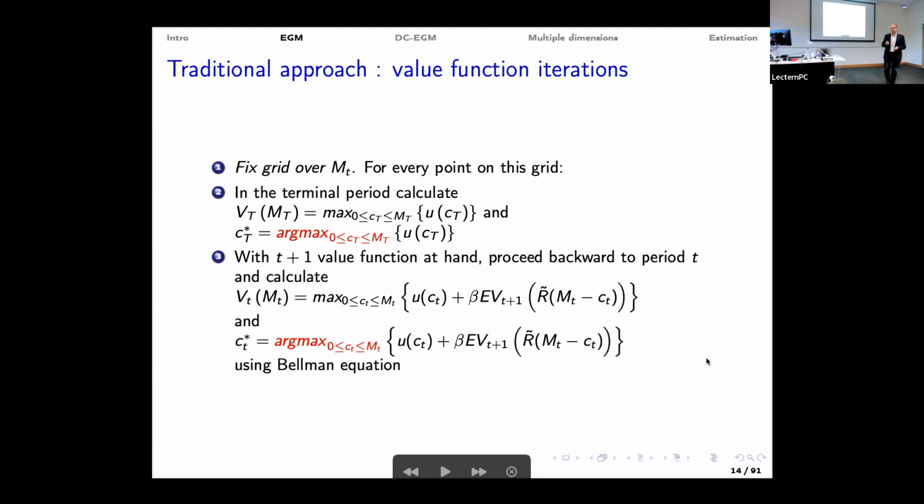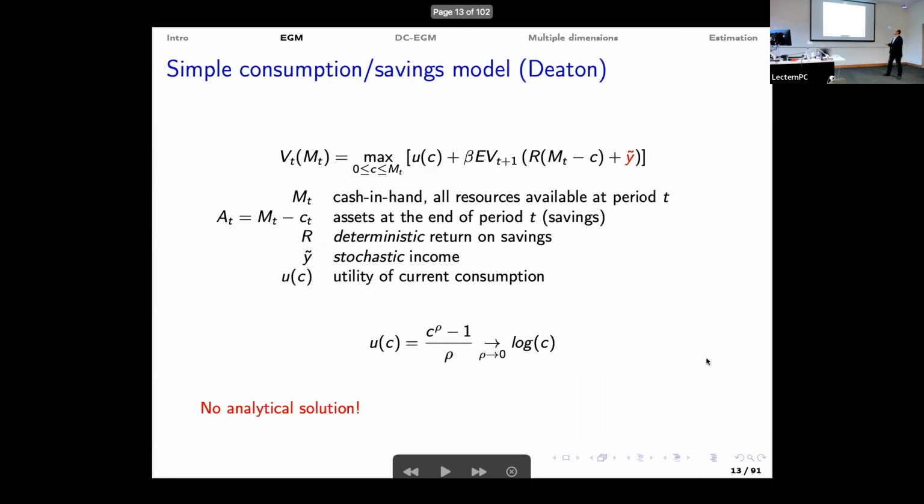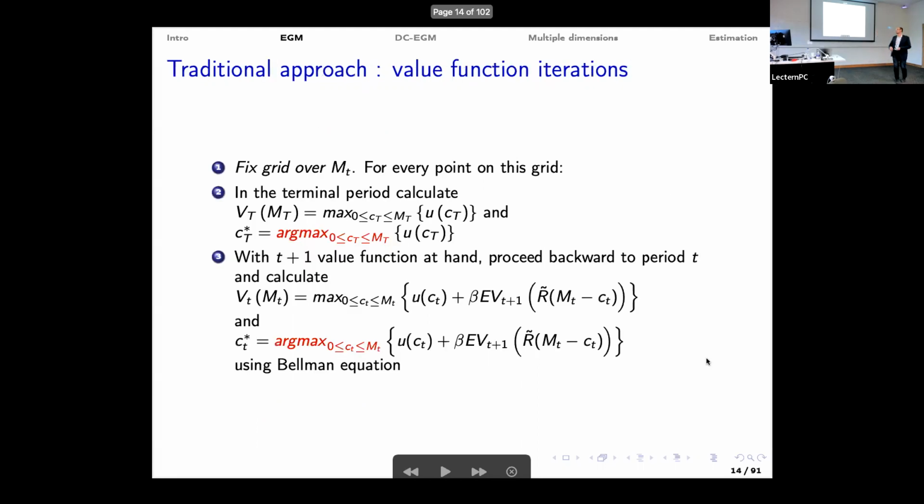I want you to think of this continuous choice variable, the C over there, as being truly continuous. I don't want to discretize consumption. What do I do if I don't want to discretize consumption? Well, we can still write value function iterations. We can successively approximate if it's an infinite horizon.